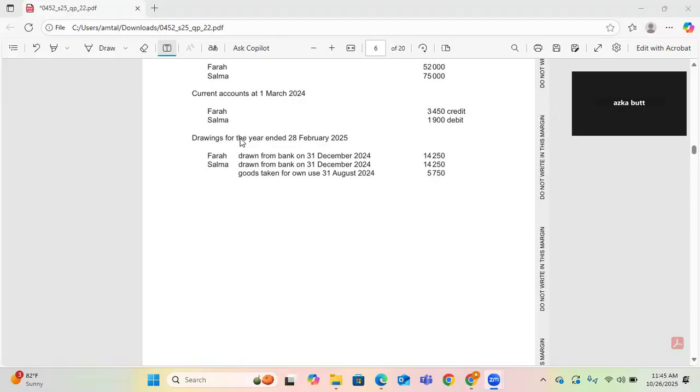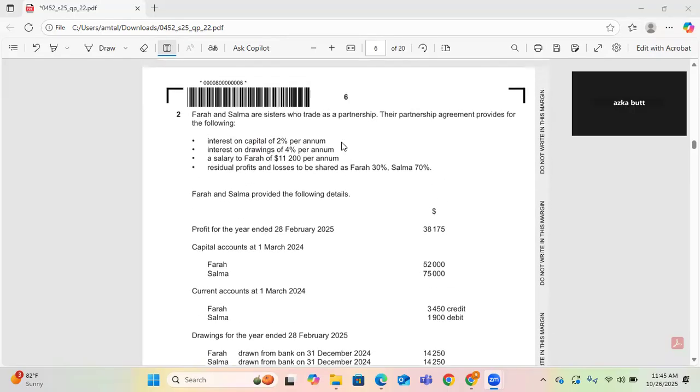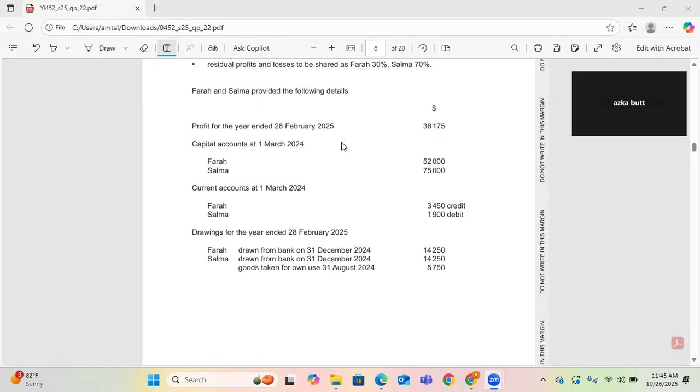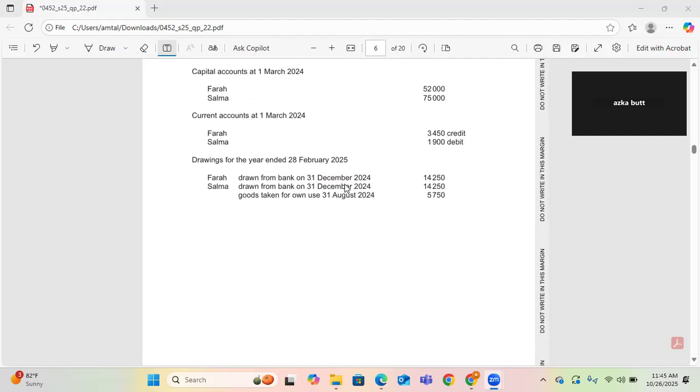Okay, so students, as you can see, we just missed one part: drawings for the year ended 28 Feb 2025. The year is ending on 28 February 2025, but Farah withdrew the amount on 31st December 2024. So if you calculate the months, after December there are only 2 months left in the ending year, which are January and February.